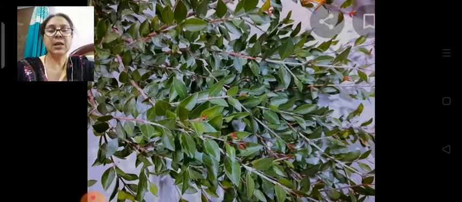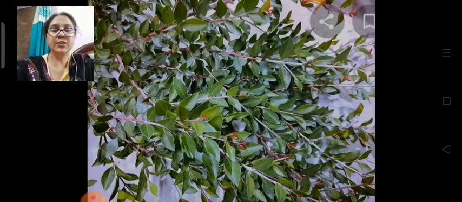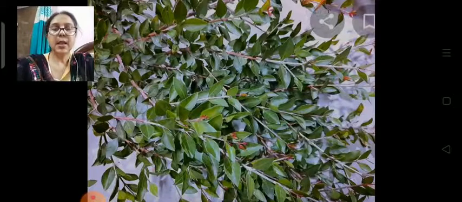Mehndi, apart from its cosmetic use, is generally applied on the skin to help manage all types of skin conditions like itching, allergies, skin rashes and wounds, due to its antimicrobial and anti-inflammatory properties.